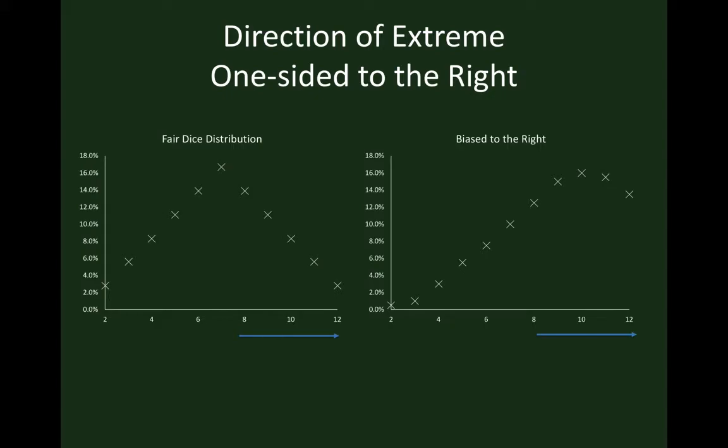At the same time, though, if the alternate were true, those rolls would be more common. A 10, 11, or a 12 would be more common on a loaded dice than it would be on a fair dice. And so that's why we say that the direction of extreme is one-sided to the right. And that makes a difference when we actually calculate the p-value.